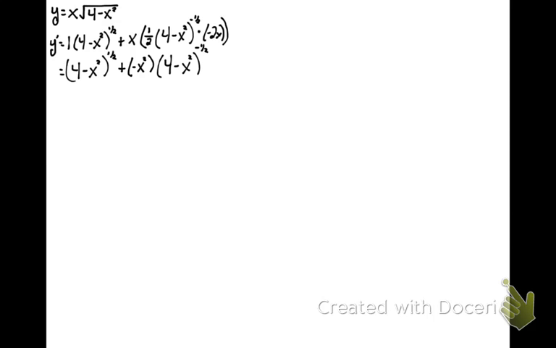And if I clean this up just a little bit more, I'll have (4 minus x squared) to the 1/2 minus x squared over (4 minus x squared) to the 1/2.